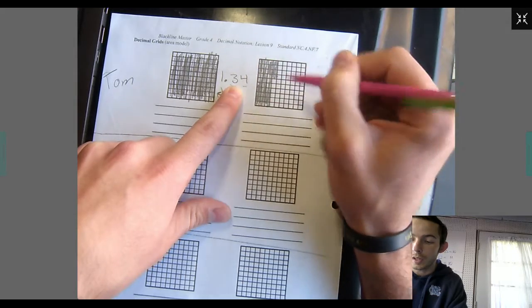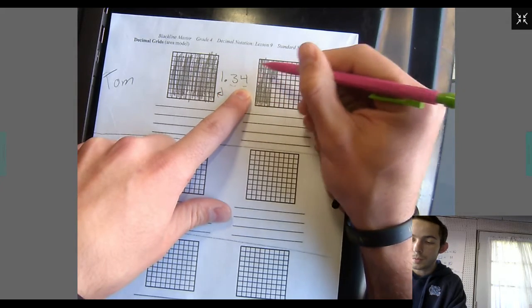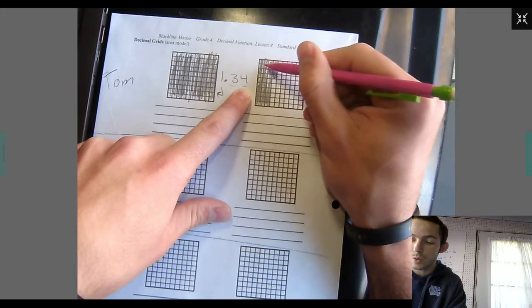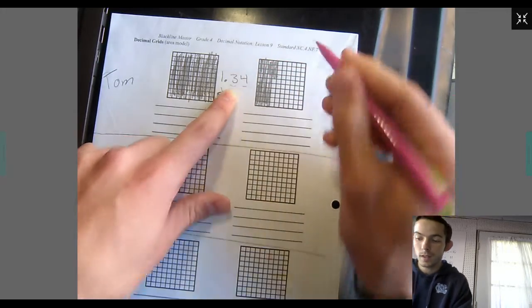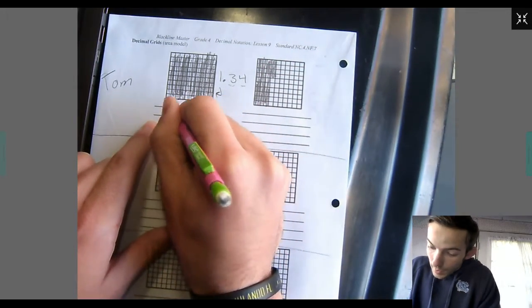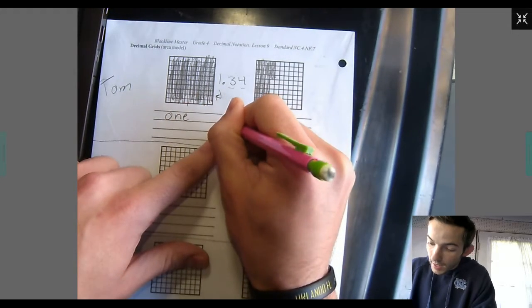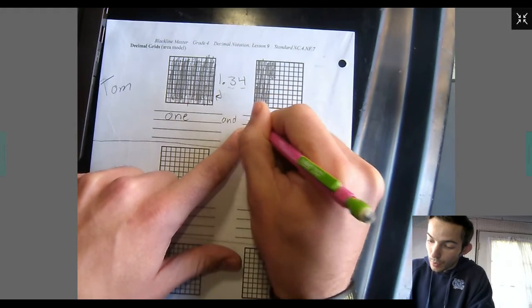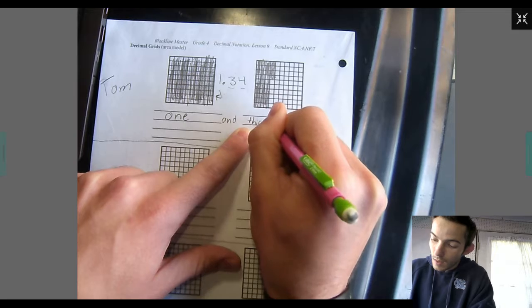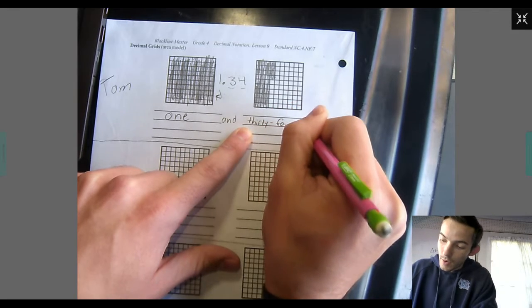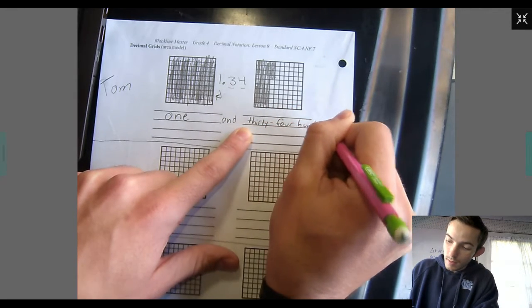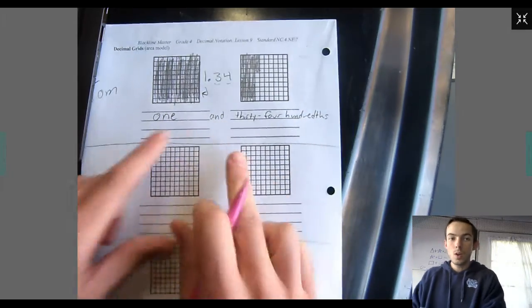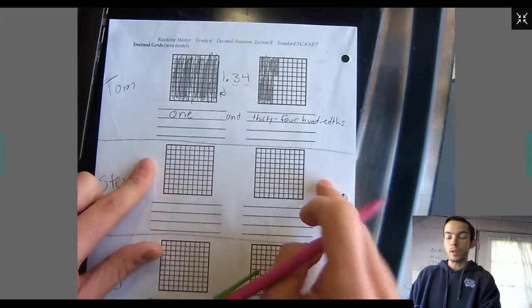These are the tenths, these columns, because 10 of them make up one whole grid. These are the hundredths place because 100 of these little squares make up a whole grid. So here we have 1 and 34 hundredths. Okay? This is Tom's jump, 1 and 34 hundredths.